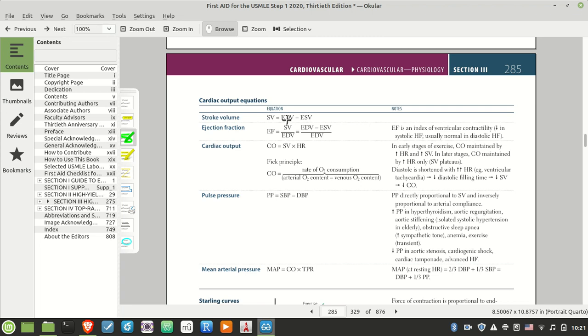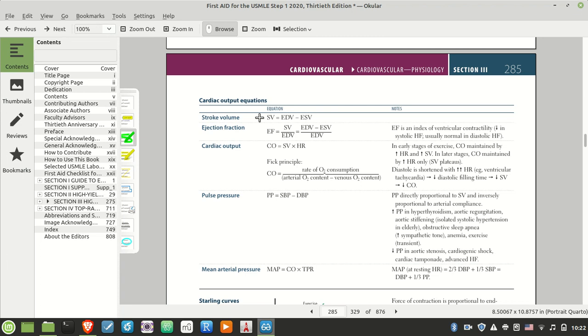Theoretically, you would want the end diastolic volume to be very high and the end systolic volume to be very low. If the end systolic volume is very high, you could have a problem with contractility, you could have some outflow obstruction, you could have a whole bunch of things. All right? So there's no real reason to just memorize this equation. It kind of makes sense in that sense.